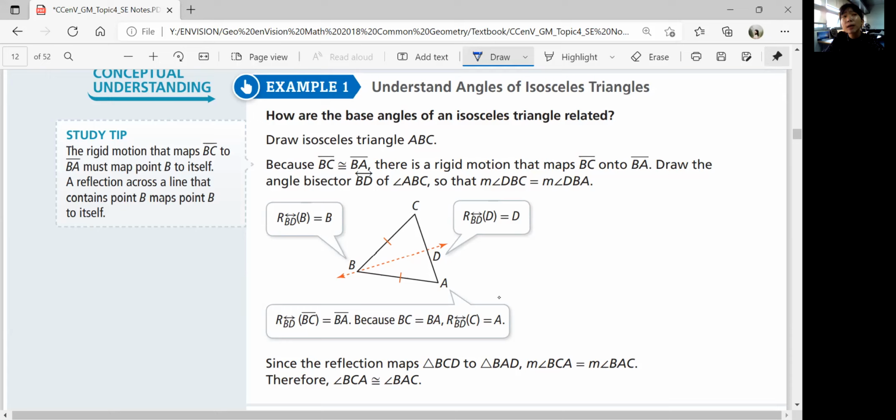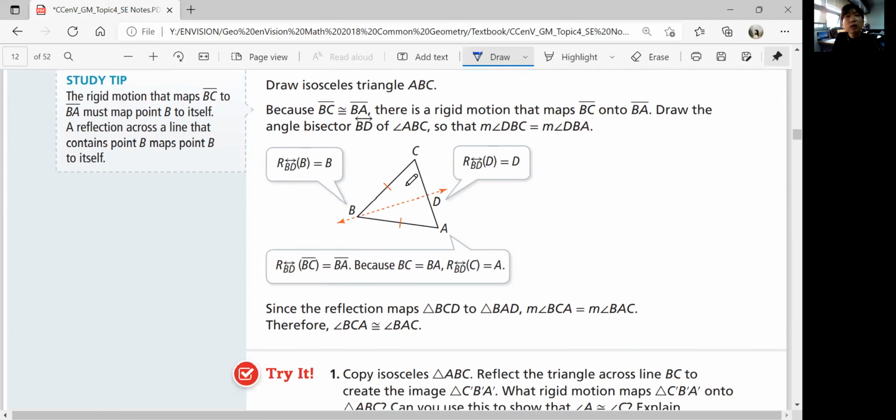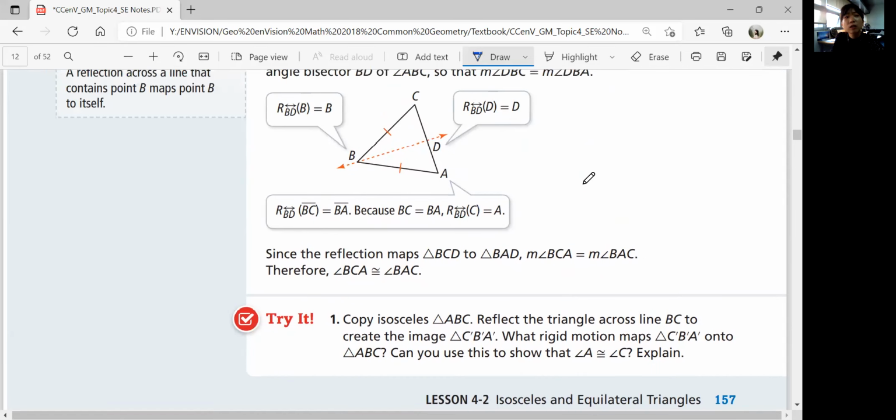So if you draw an angle bisector here through the angle CBA, you get a reflection line. Okay, so these triangles are congruent. We're going to copy isosceles triangle ABC, reflect the triangle across line BC to create image CBA.